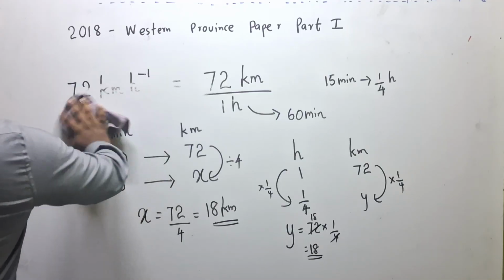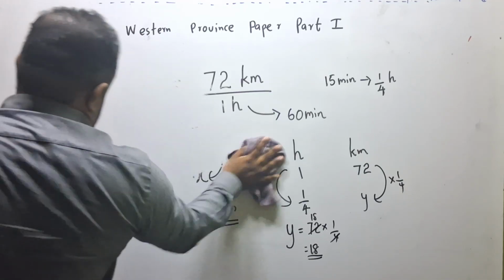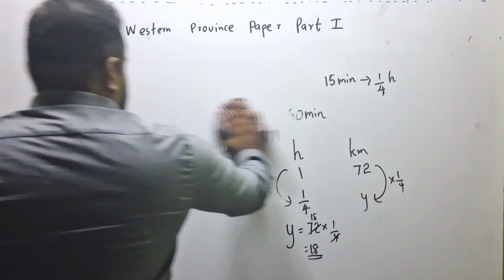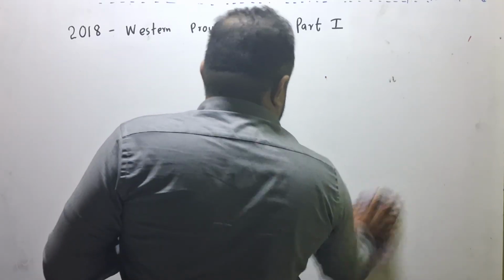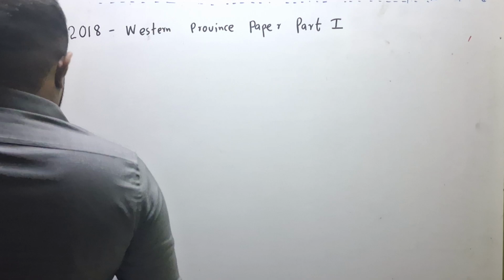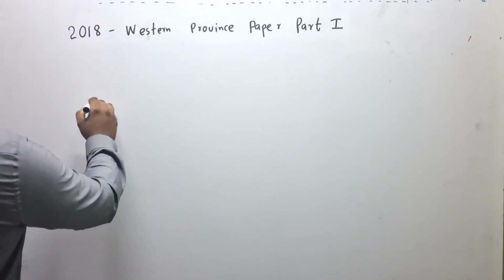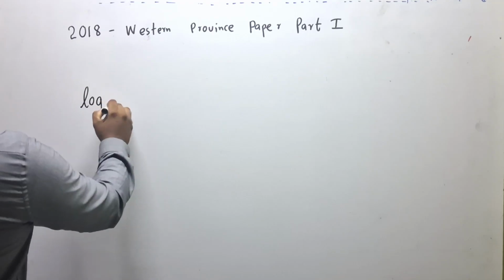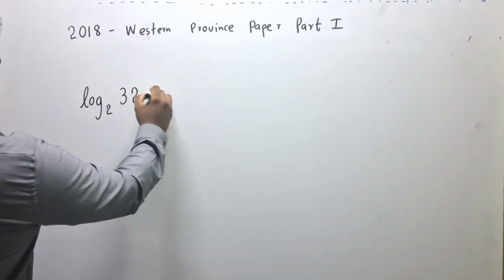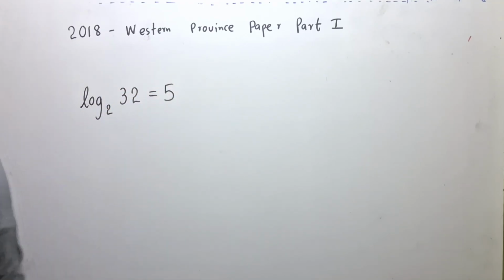Question number 3. Express in index form. Log base 2 of 32 equals 5. Okay.